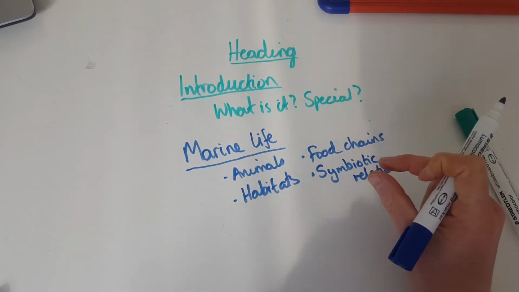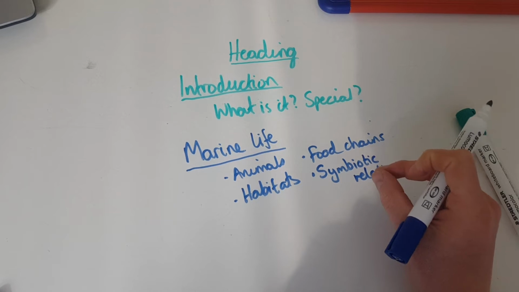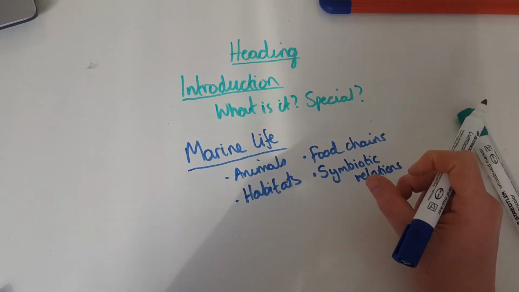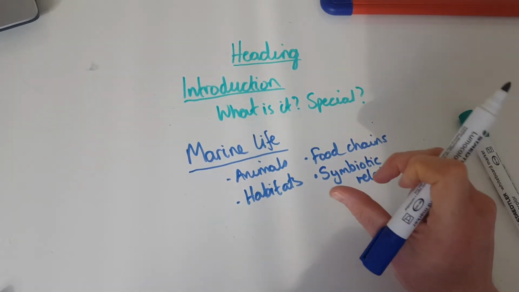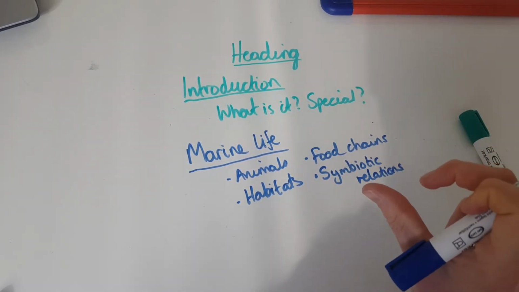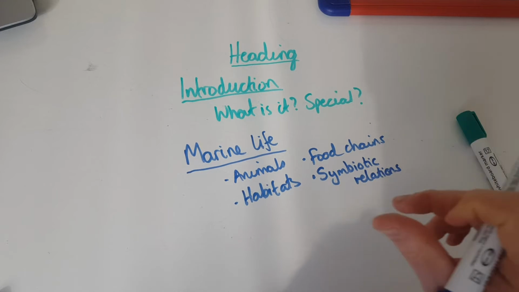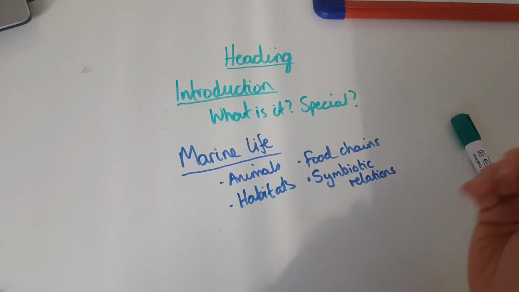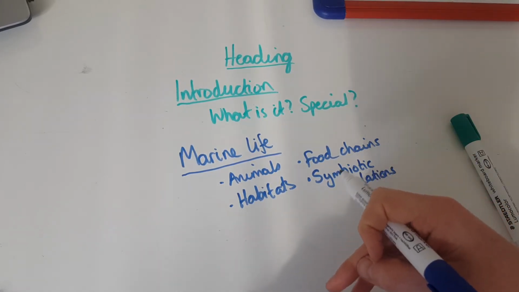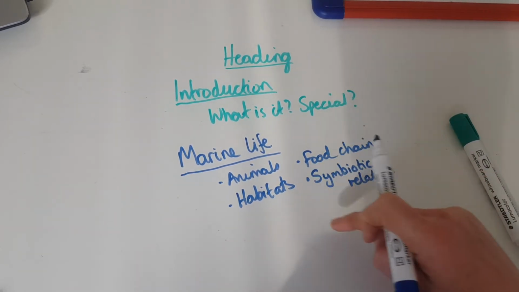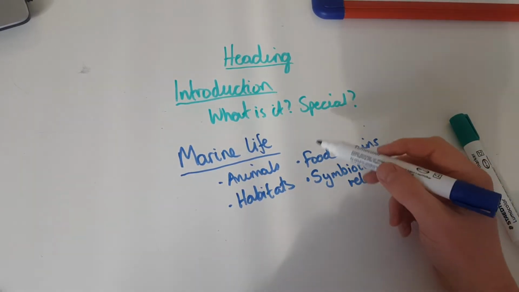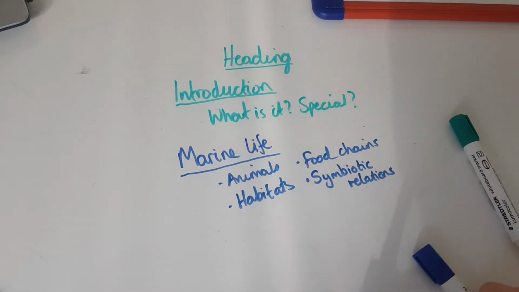So for instance, off the top of my head, I'm pretty sure there's a fish and some sort of crab that live next to each other in the Great Barrier Reef, and one helps the other one out. One might provide the food and one might provide the protection. So there's loads and loads of symbiotic relationships in the Great Barrier Reef.